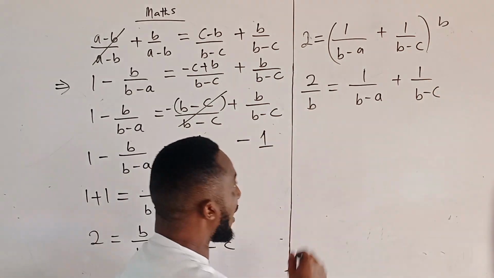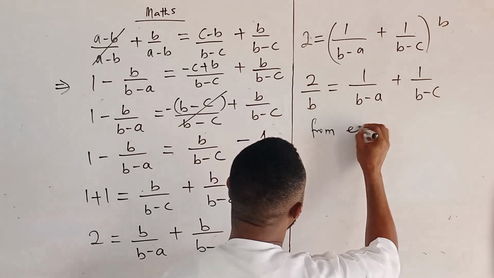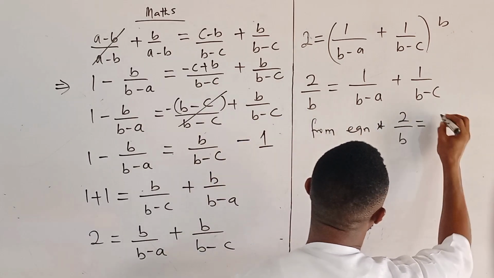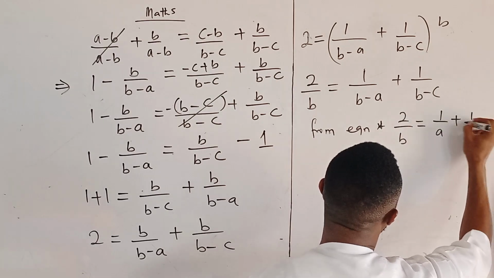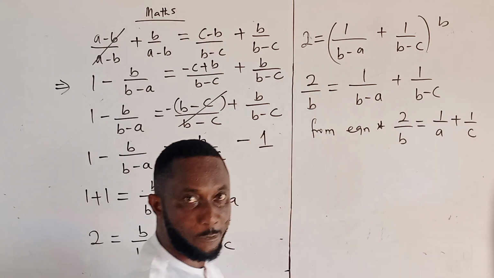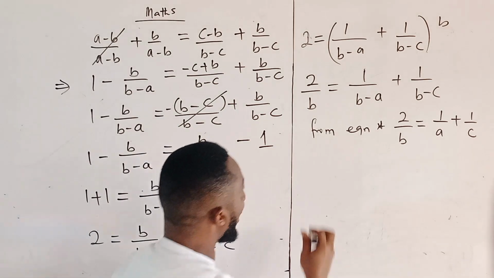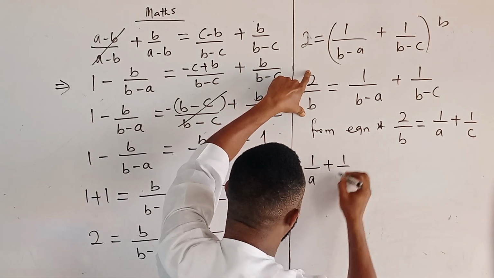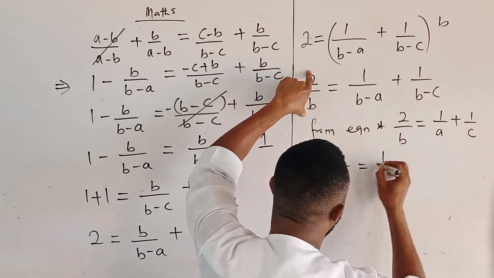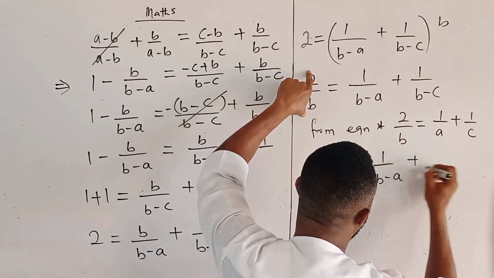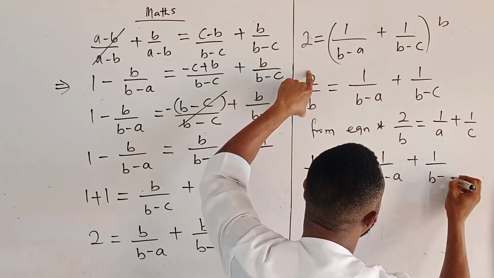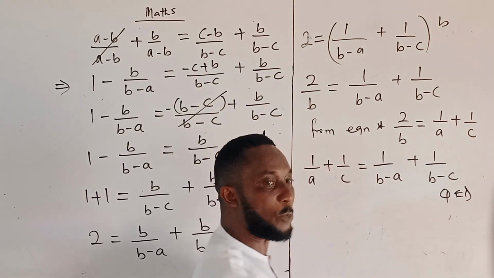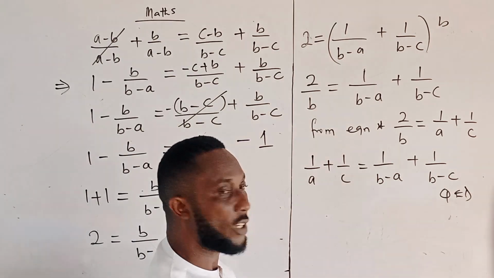And from our equation star, we can see that 2 upon B is equal to 1 upon A plus 1 upon C. Therefore, we can then say finally that 1 upon A plus 1 upon C is going to be 1 upon B minus A plus 1 upon B minus C. So our QED, quod erat demonstrandum, what needs to be proved has been proven.